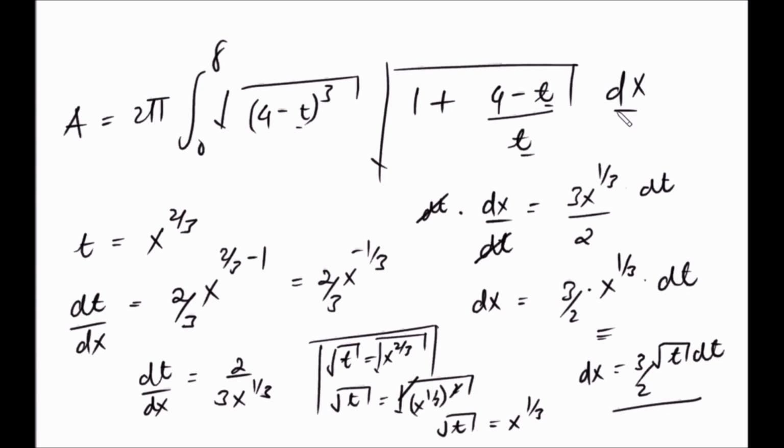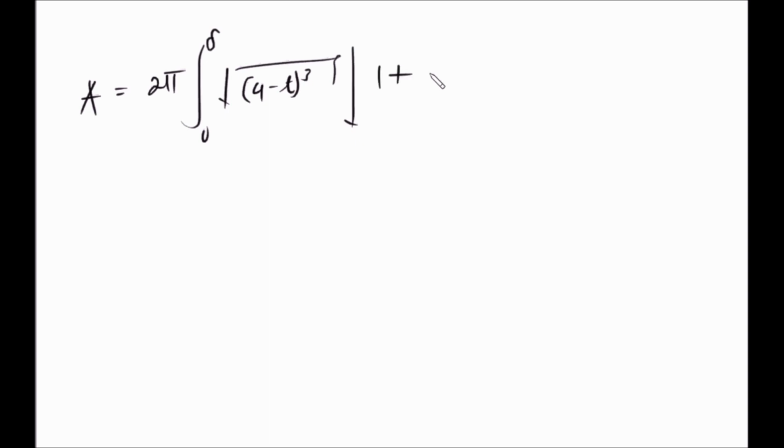Tukishaiweka hii hapa hatutakuwa tena na ma x and we'll be able to integrate. Well, area now is going to be 2 pi from 0 to 8. So we have the square root of 4 minus t cube, 1 plus, so we have 4 minus t over t times, so kwenye dx pale ndo tunaweka 3 over 2 the square root of t dt.